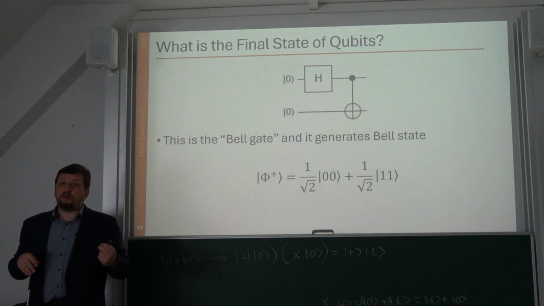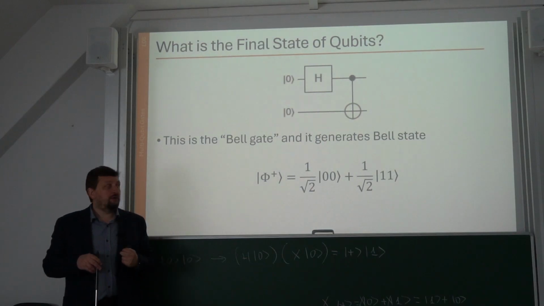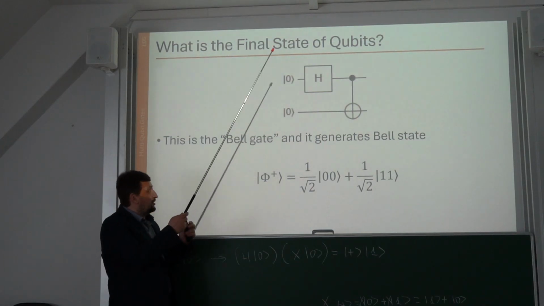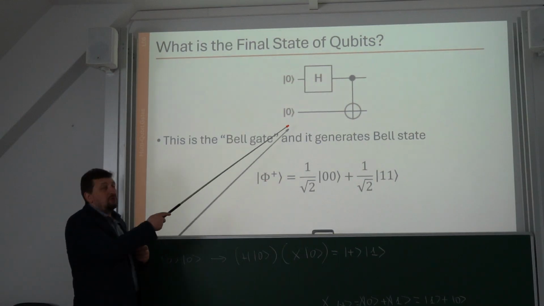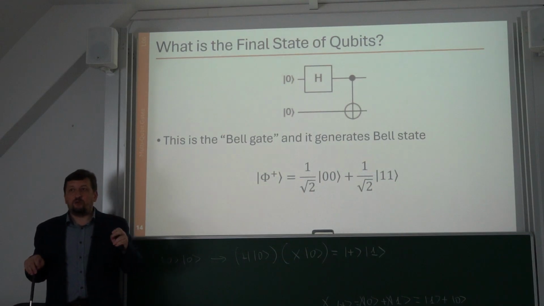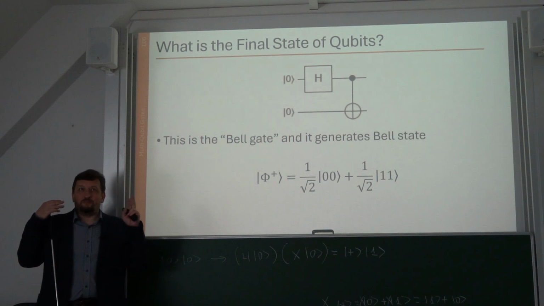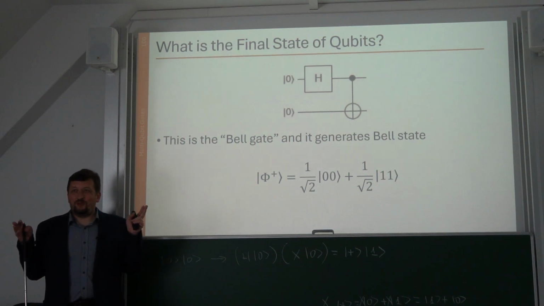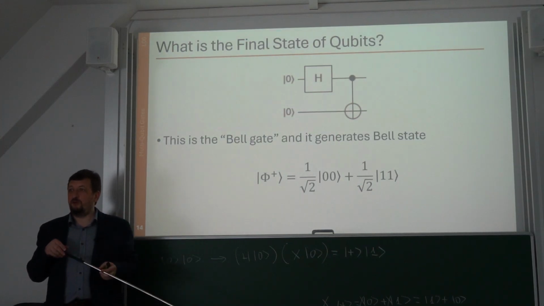If we have a Bell state but don't know which Bell state, how can we find out which Bell state we have? This combination is very common: take any work that does something with qubits, and I would say more than 50% of them will have gates like this, or the inverse, which is Bell state measurement.